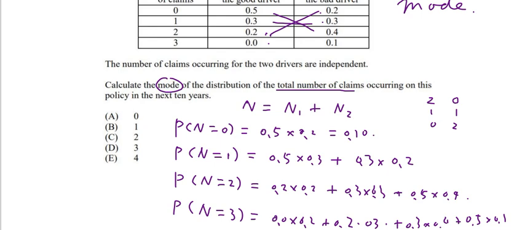So we just check it. We just compare these, and then finally we find this is the number. This is the largest. So this model is n equals 2.